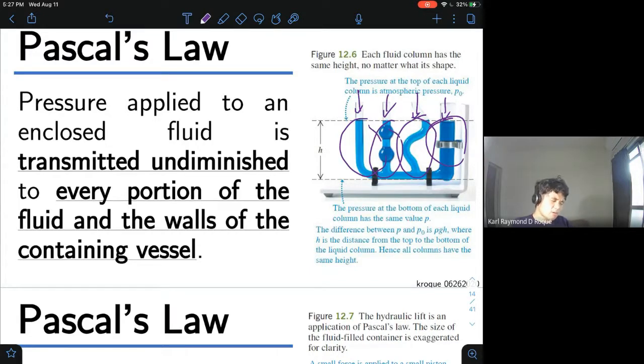Pero, pareho yung pressure, pero magkaiba yung force na ini-exert depending sa area. Basta pareho yung pressure, no? Kaya rin sila pareho ng height. Bakit? Kasi at the surface, P equals P naught plus rho GH for everything.